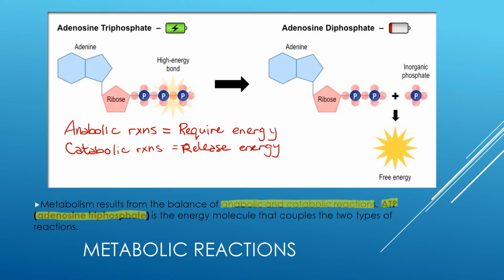So this picture is kind of how ATP releases energy, and it can help anabolic reactions, in the way that ATP can release the energy required by anabolic reactions.